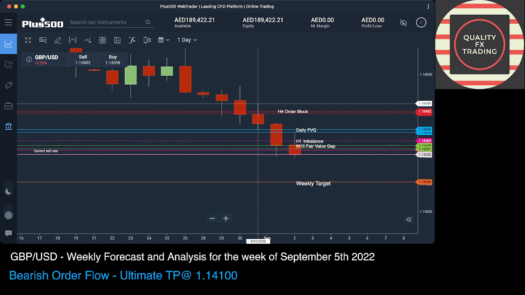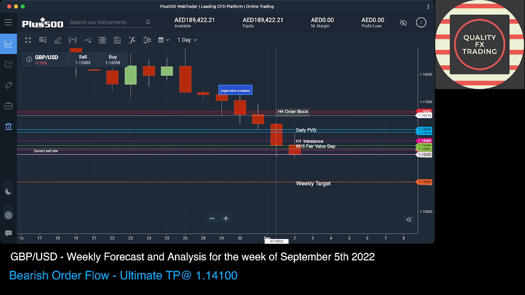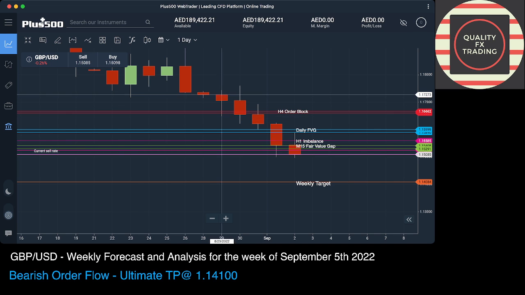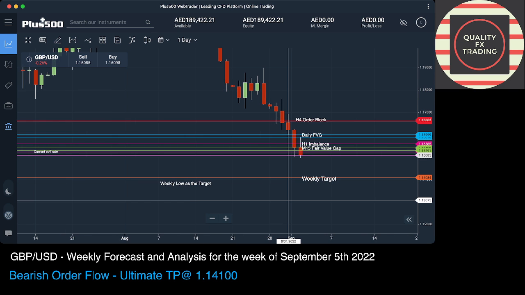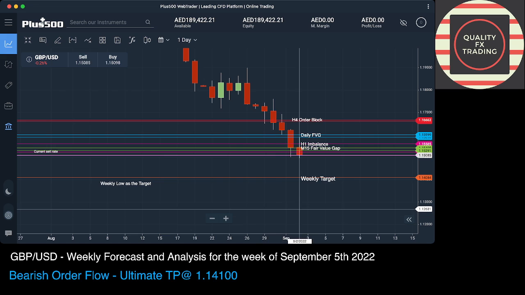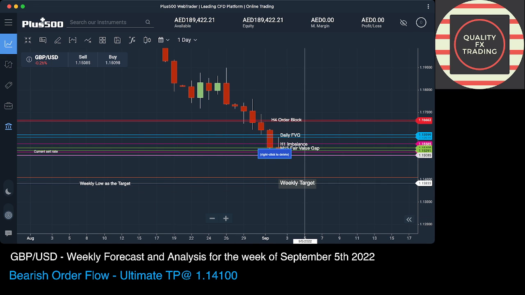Each candle is representing one day here, and you can clearly see that all these days the price is closing below the previous day, and this is proving this type of bearish order flow, and it won't stop until it reaches a critical area, which based on the weekly monthly chart we can see is the 1.14100 level. So this is a target we want to reach by this week.